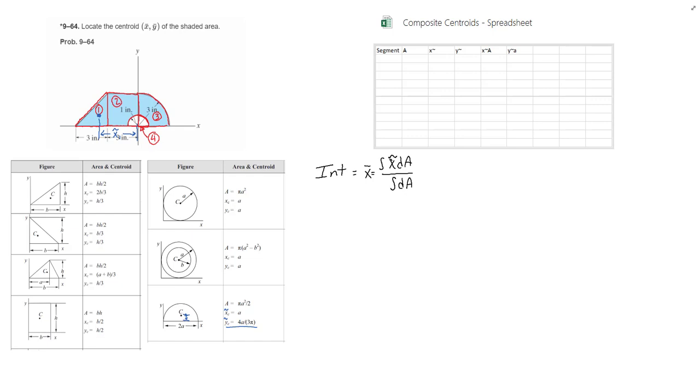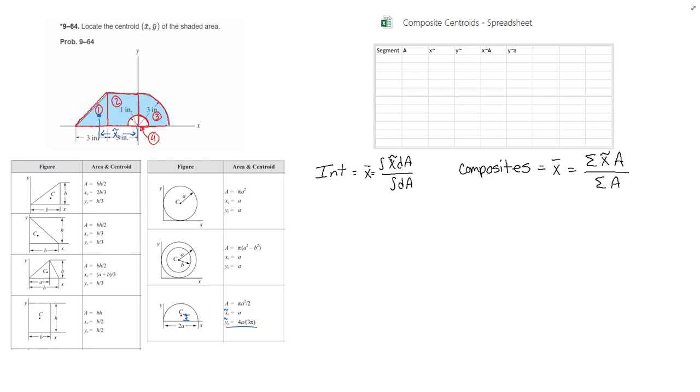Well, here for composites, we have x bar equals the sum of all the x centroid locations times their areas of each of the pieces divided by the total area of the entire thing, or the sum of all the area pieces.